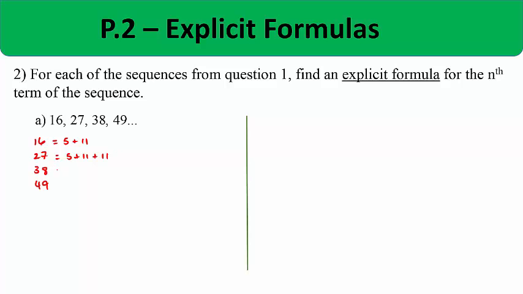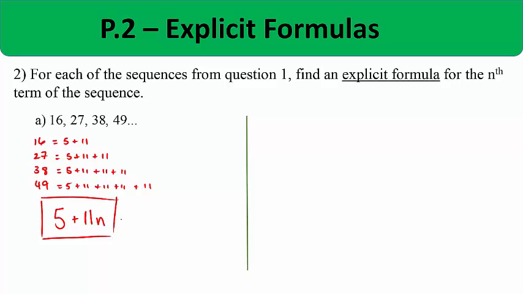And if 38 is when I add 11 to the previous one, that's 5 plus 11 plus 11 plus 11, and so on. So the first term, I've added 11 once. The second term, I've added 11 twice, and so on. So the explicit formula, we start with 5 and we add 11 n times.